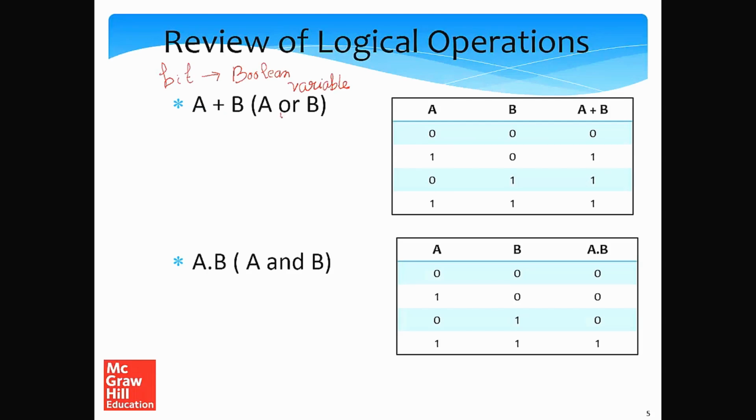Let's first define the OR operation. Before that let me define the context. A can take only two values, 0 or 1. Typically 0 is also called false, which means that a statement is not correct, and 1 means true.